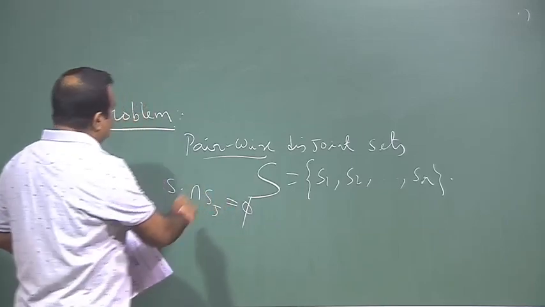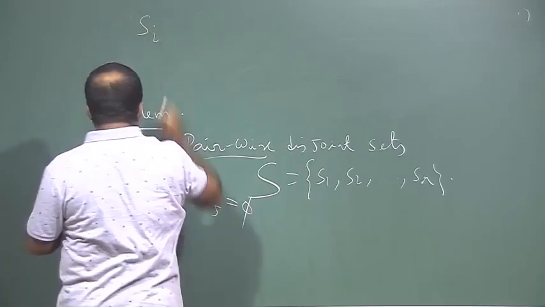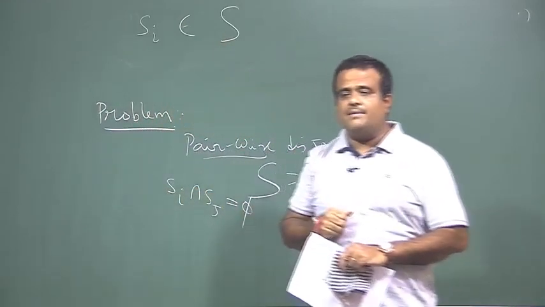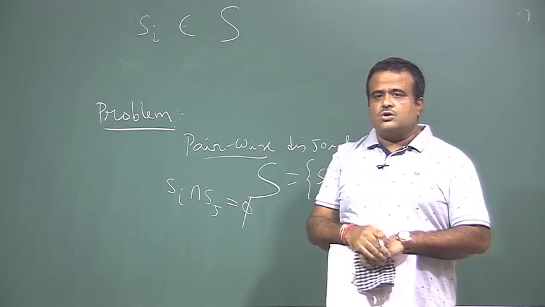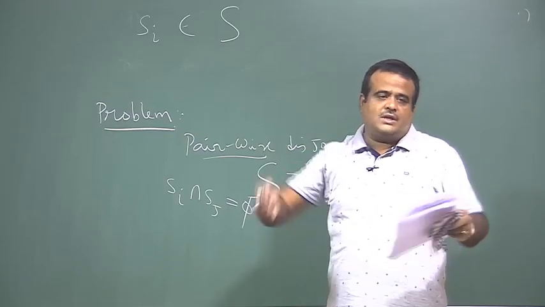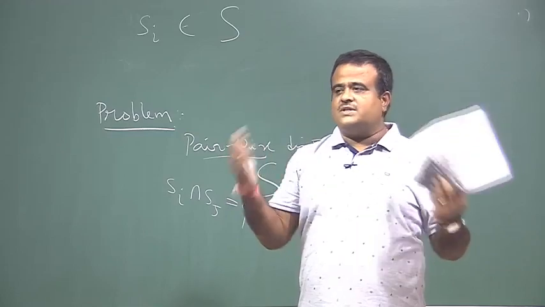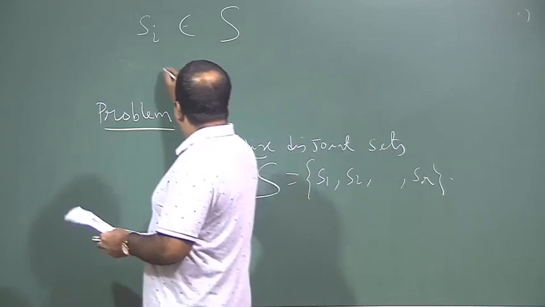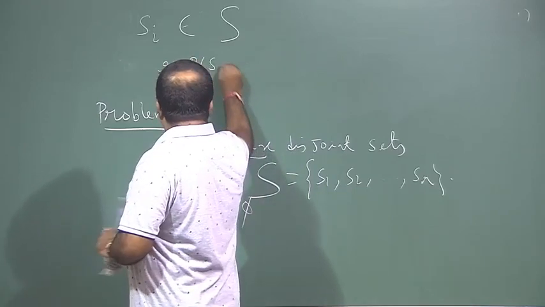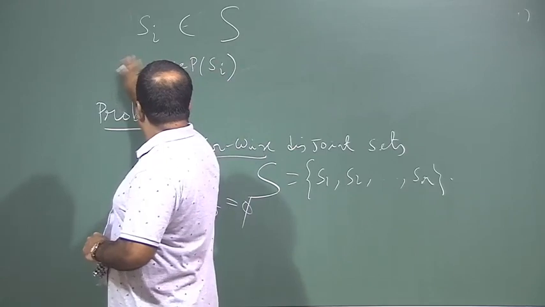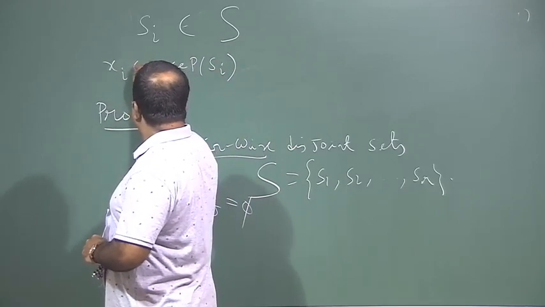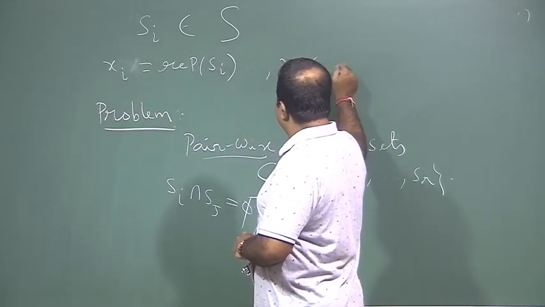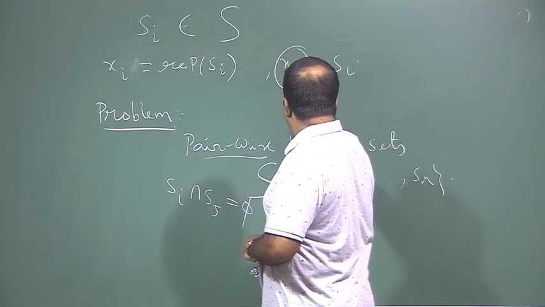Before that, suppose Si is a set; each set from this script S will have a representative element. An element from a set we can choose, and that will be representing this set. This is referred to as rep of Si. So, rep of Si is an element, say xi, where xi belongs to Si.